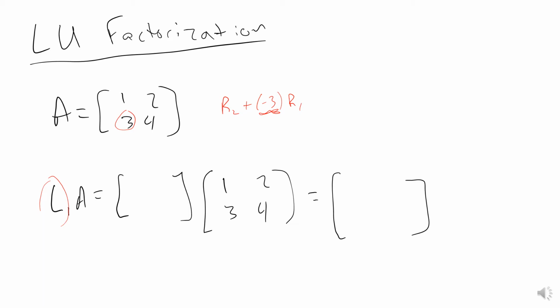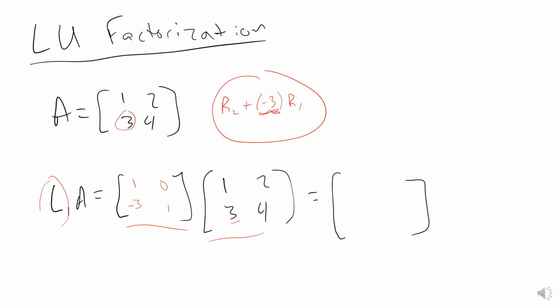I'm going to have 1s along the diagonal and 0s above the diagonal, and then I put a -3 here in the second row, first column position. When I multiply these two matrices together, it's going to eliminate the 3 from A and give you what you would have gotten after that first step of row reduction.